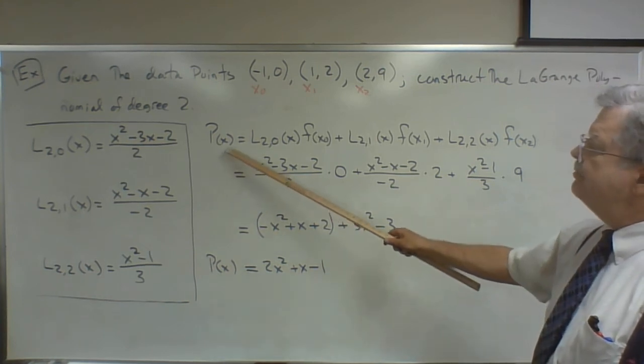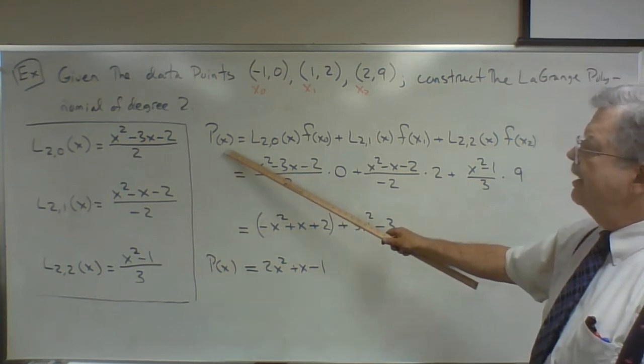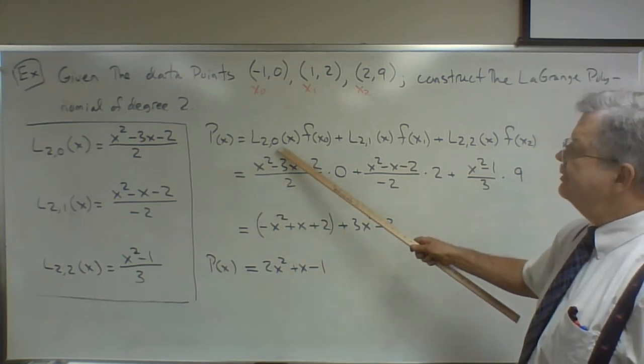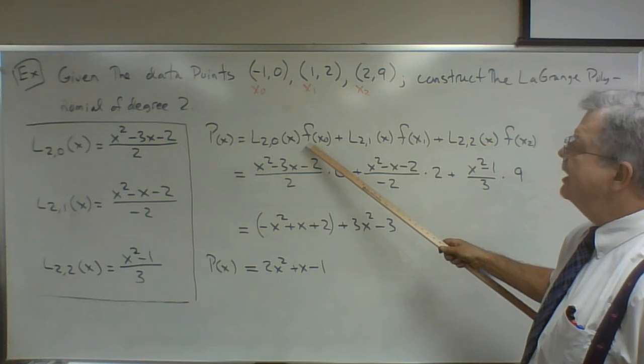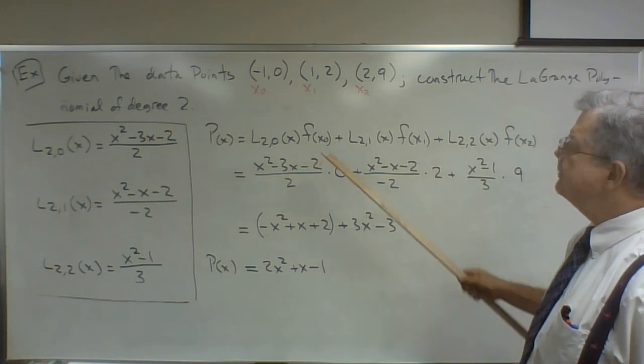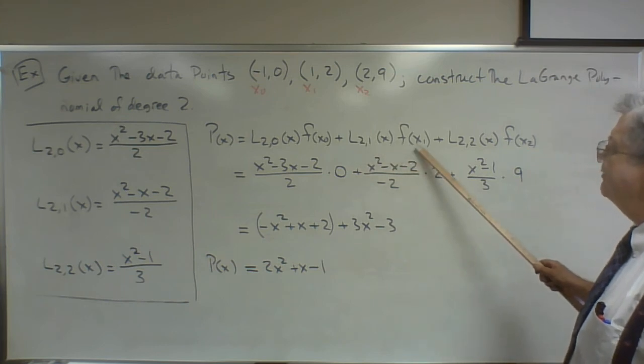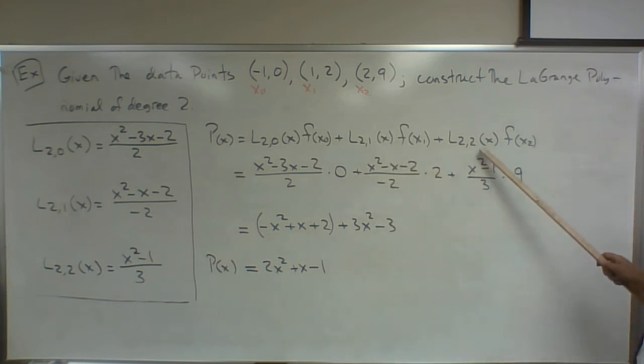Our Lagrange polynomial of degree 2 is going to have the 0th Lagrange coefficient times f of x of 0, the first Lagrange coefficient times f of x of 1, the second Lagrange coefficient times f of x of 2.